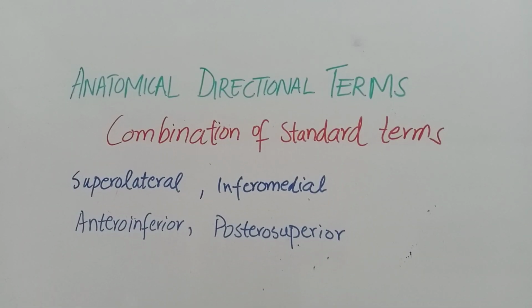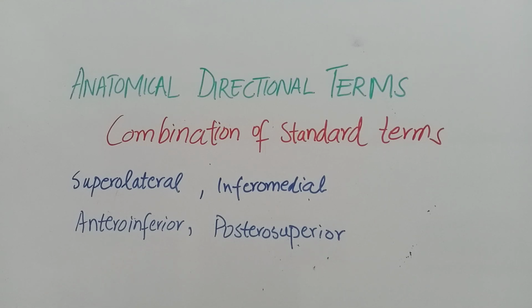Apart from these standard terminologies, there are some middle terms used. For example, the middle or medius is an adjective indicating a position between the superior and inferior or anterior and posterior. The middle is the intermediate position. And the term intermediate is used commonly for a position between the lateral and the medial.